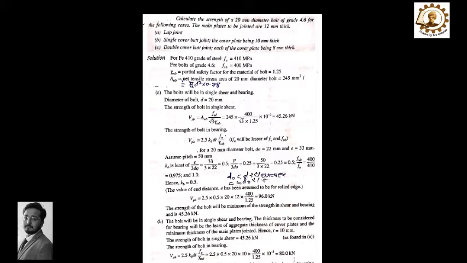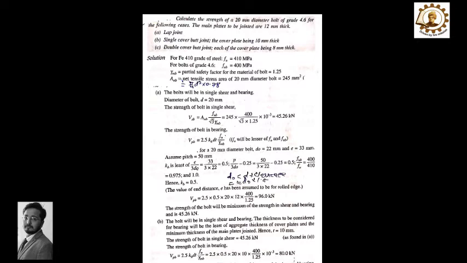In this case the lesser amount is the value of FUB, that is 400 MPa. We know the value of gamma MB, and we have to find out the value of Kb.